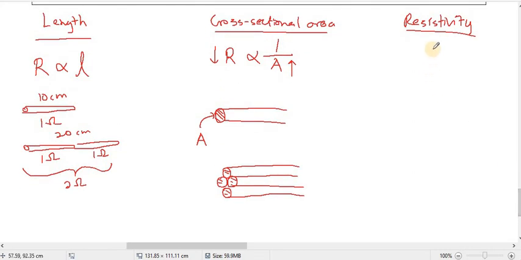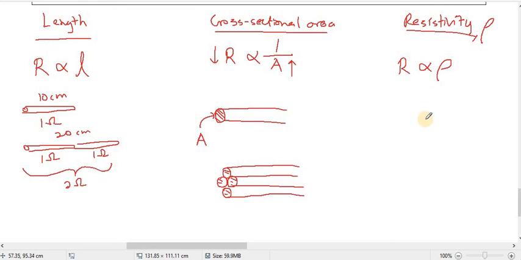Next is the resistivity. What is this resistivity? The symbol of resistivity is rho. The length is L, and this one is A. The relationship between resistivity and resistance is directly proportional. But what is resistivity actually?